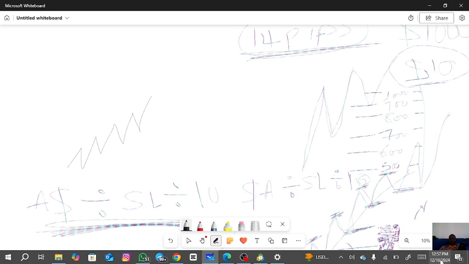That means the move towards the uptrend, which is this, is the impulse move. This move going against the current trend is called the retracement move, which is also known as the correction move.